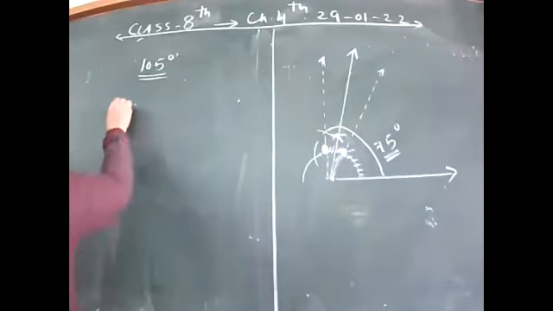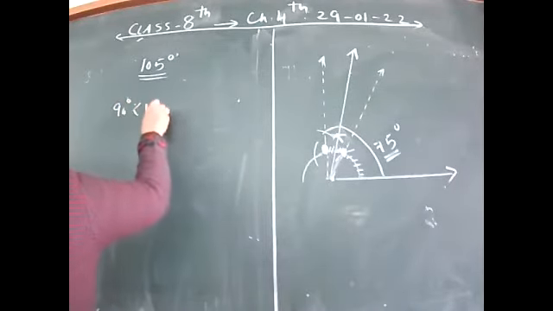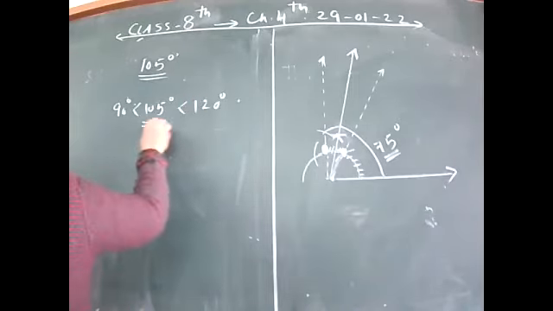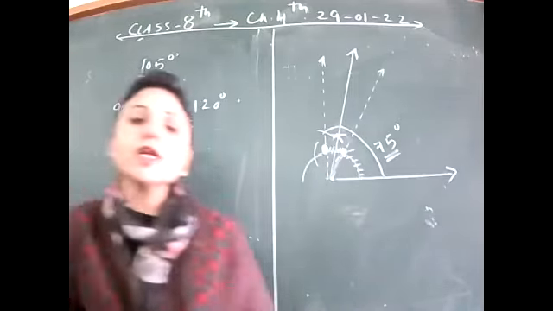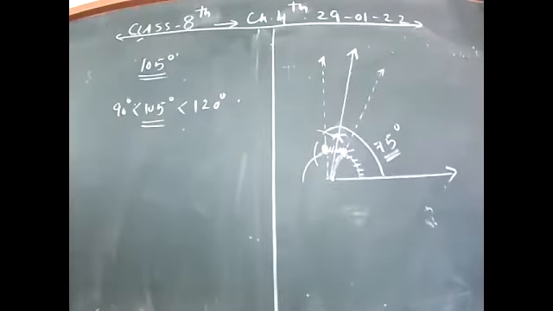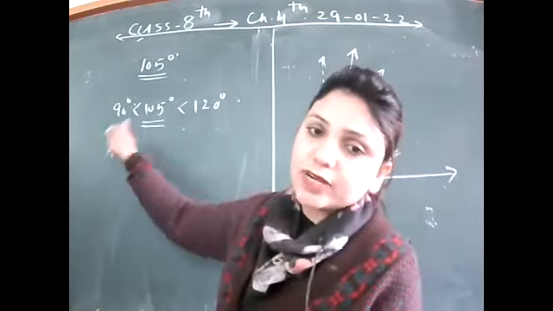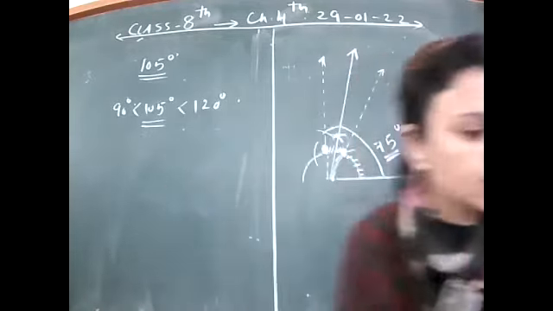Definitely they lie between 90 and 120 degree. 105 जो है वो 90 and 120 के बीच में लाई करता है. Right? So इसका मतलब ये हुआ, we need to construct a 90 degree as well as 120 degree. Right? Let us start the construction.